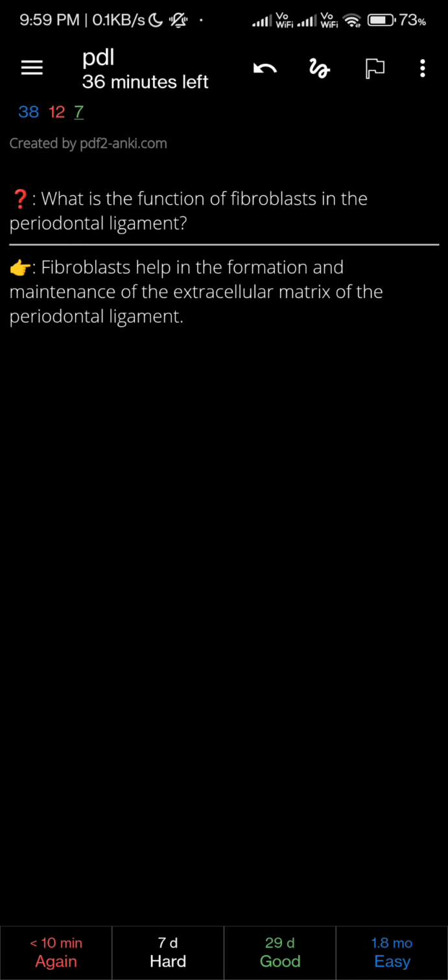So they help in the formation and maintenance of the extracellular matrix of the periodontal ligament.